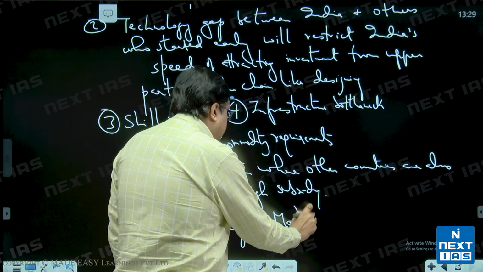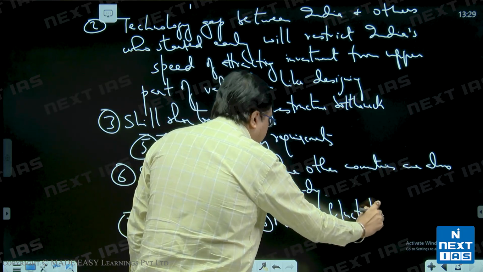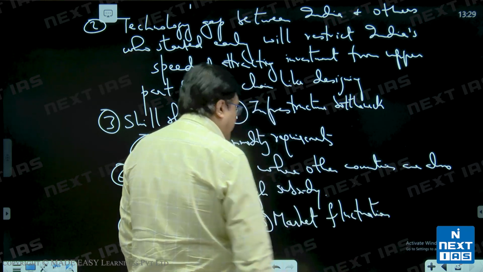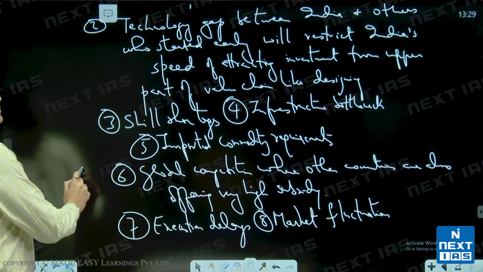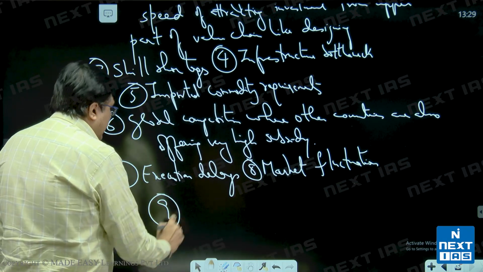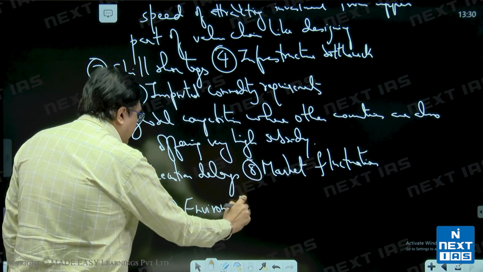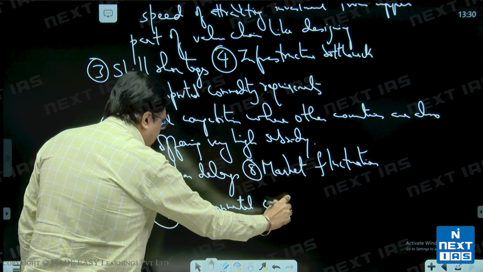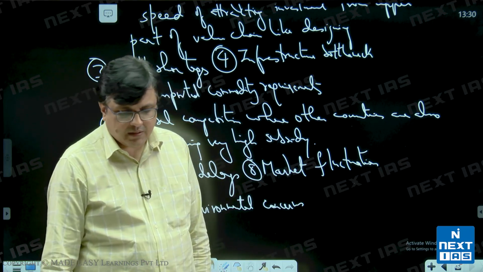The chip market, like any market, has huge cyclical fluctuations. Sometimes the demand is high, sometimes the demand is low, and we will be a new industry in it. So we will have to learn how to manage that. And then environmental concerns, it uses a lot of clean water and uses a lot of energy. So these are our environmental concerns.